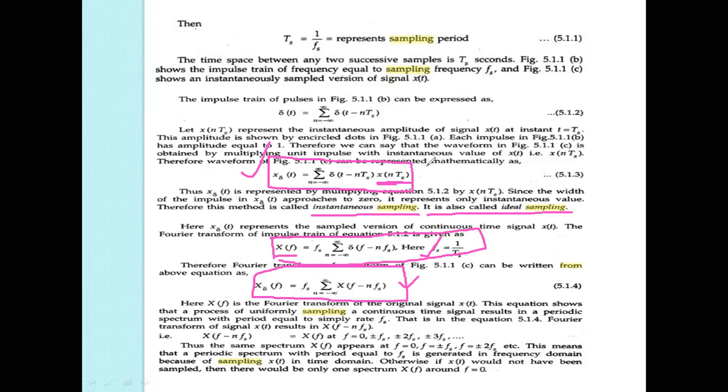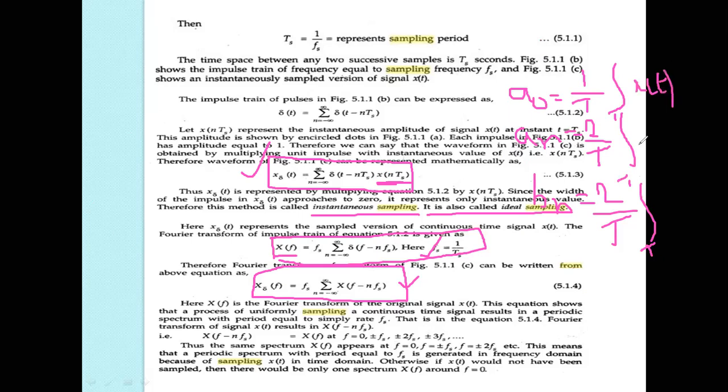So what is the formula for the trigonometric Fourier series? a naught is equal to 1 by T, an is equal to 2 by T times the integral of x of t, and bn is equal to 2 by T times the integral of x of t.